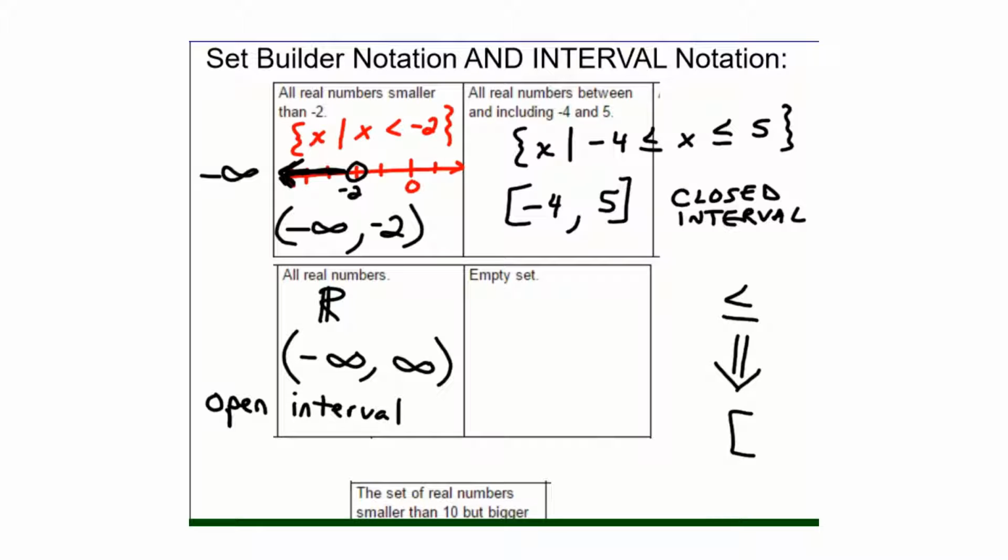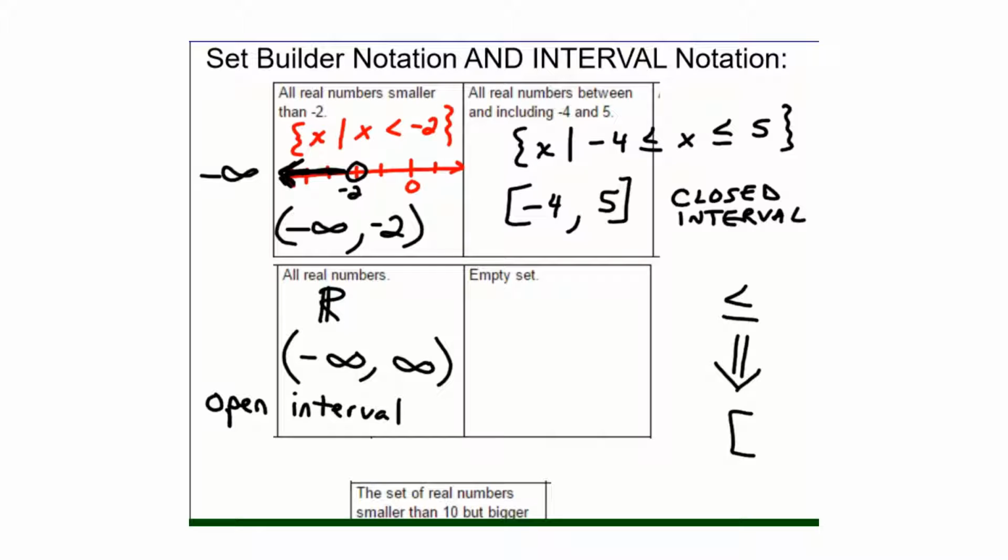What do you think we'd call it? Any ideas? Mix? Not bad. Neutral? Not bad guess. Good guesses. It's actually using the open and closed terminology. We call it half open, half closed. We have one each.